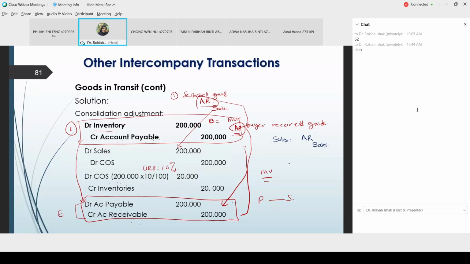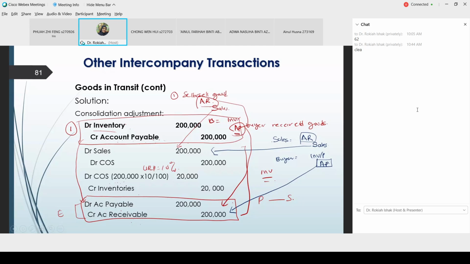This one is for the seller. For the buyer, they debit inventory or purchase, but this time we are using perpetual, so you debit inventory and then credit accounts payable. Then these are the journal entries here. Since you have the credit sales, now we are going to eliminate, debit here. And the next one that we need to eliminate, since we have accounts receivable and accounts payable here, is this one.